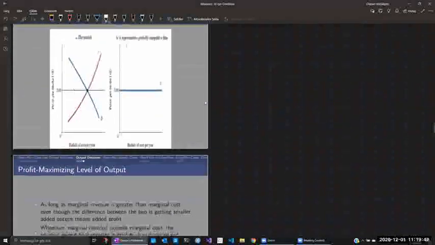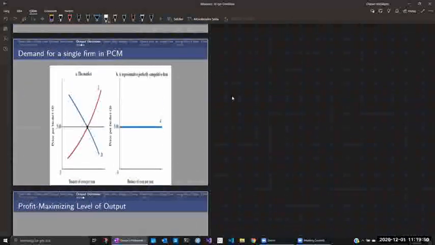Once again, in the market there is an aggregate supply, which is the sum of supplies from all individual firms, and there is some kind of aggregate demand, right? And when they come together, there is an equilibrium price. But the demand curve for a single representative perfectly competitive firm is different.